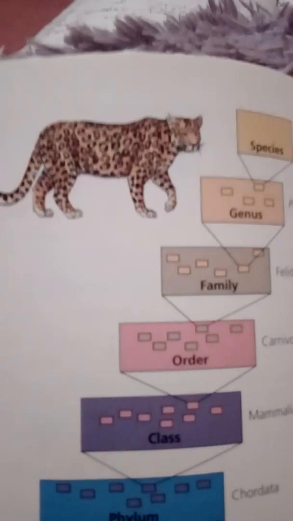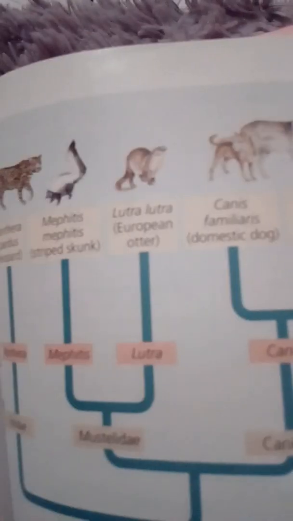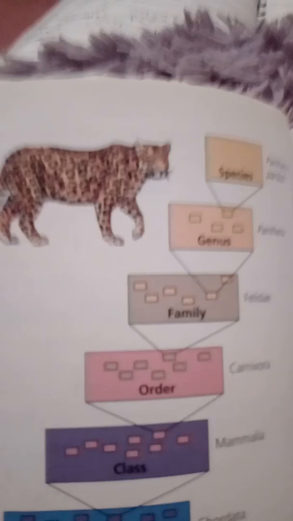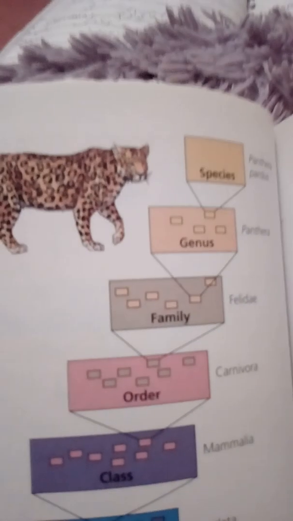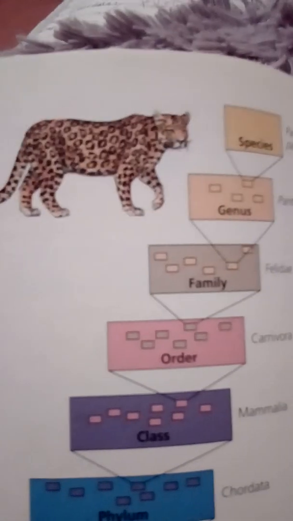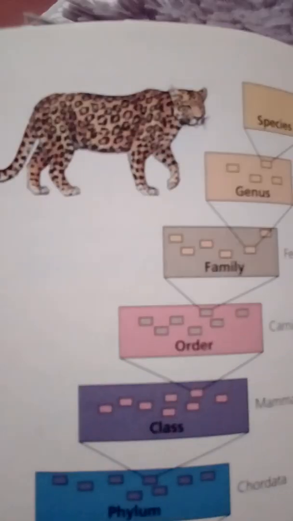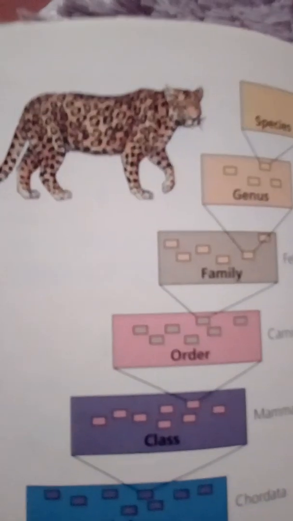The second part is the specific epithet, which is unique for each species within the genus. An example of a binomial is Panthera pardus, the scientific name for the large cat commonly called the leopard. Notice that the first letter of the genus is capitalized and the entire binomial is italicized.